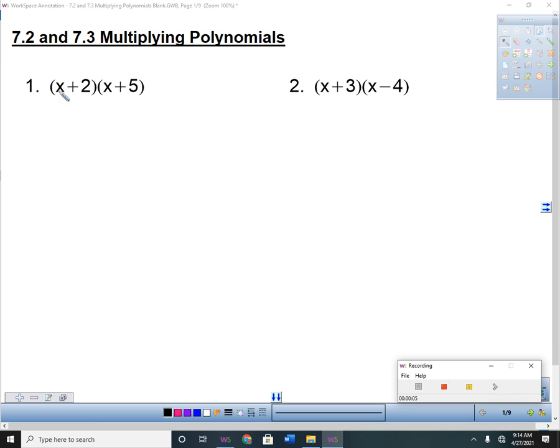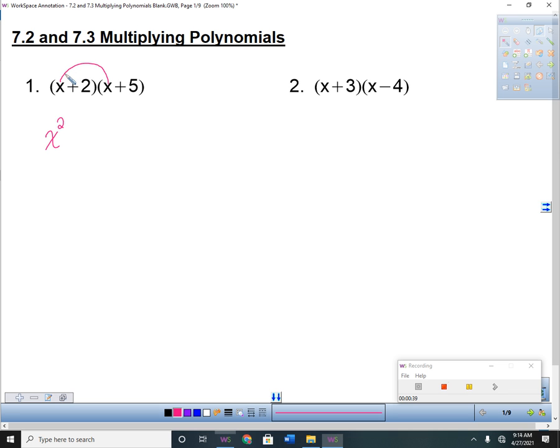So if I have a binomial times another binomial, remember you want to take this first position in the first binomial and take it times both positions in the second binomial. And then same thing with the 2 times everything over here. So I'm going to start with the x. So I have x times x is x to the second.